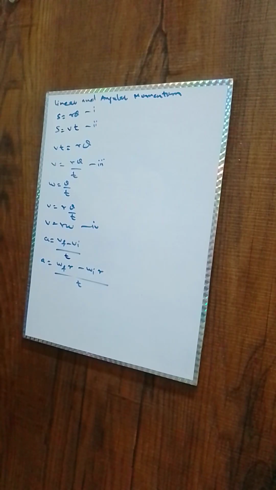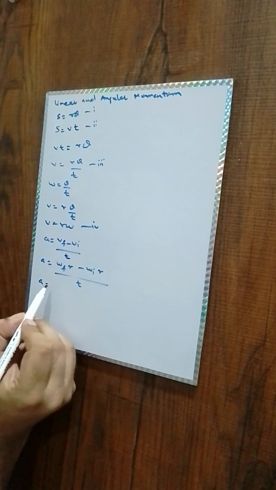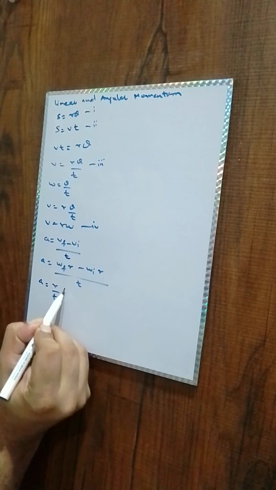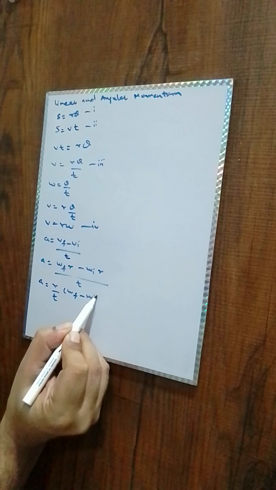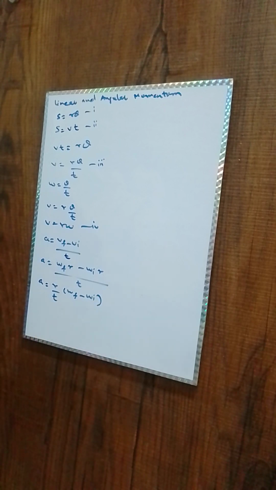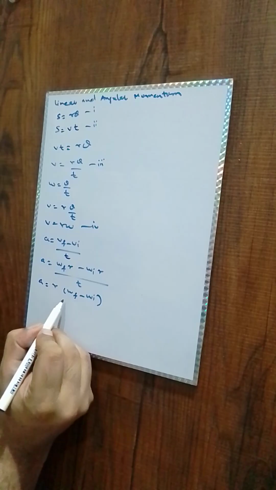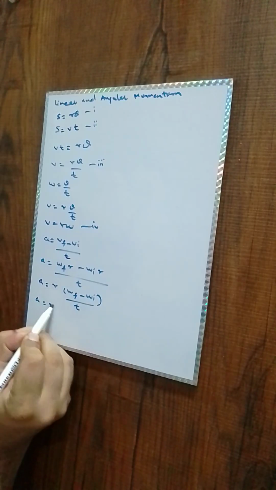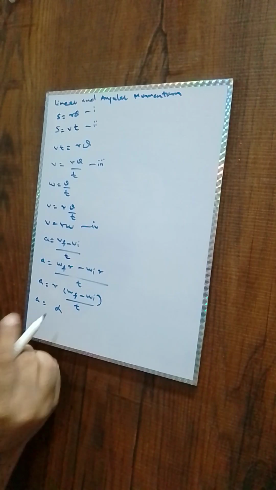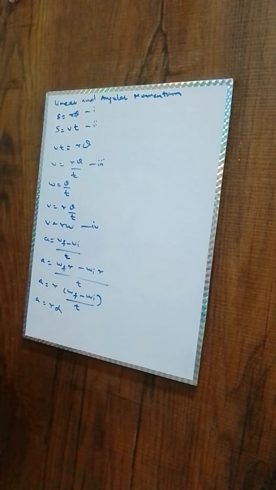The angular velocity final into radius minus angular velocity initial into radius by time. So a is equal to r by t into (omega f minus omega i). The final minus initial angular velocity is delta omega, or change in angular velocity, and that by time gives us angular acceleration, which is alpha. So a is equal to r alpha.